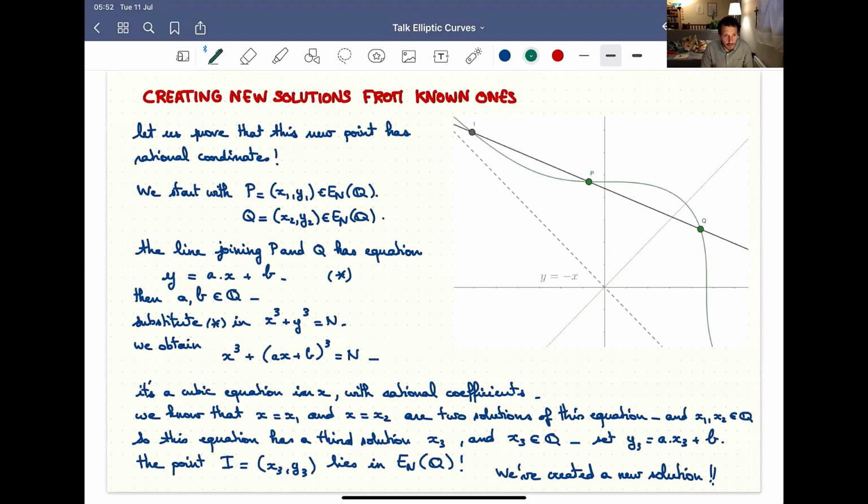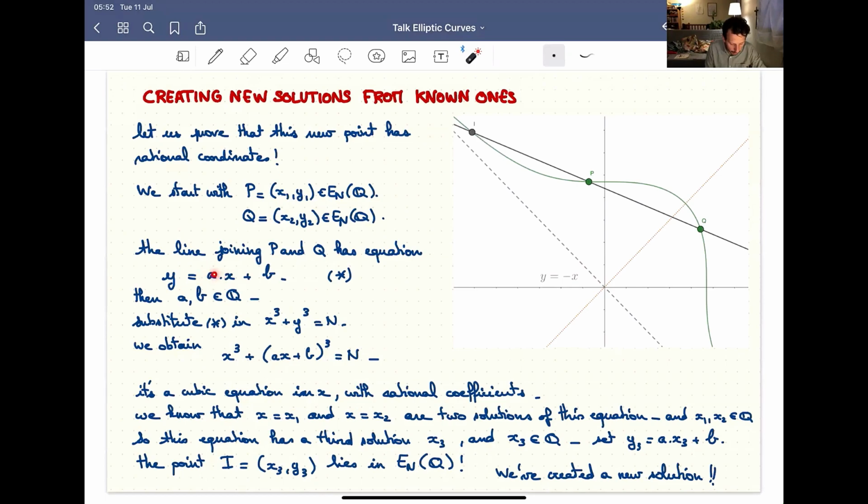We start with our two points P and Q. Their coordinates x1, y1, and x2, y2 are rational numbers. And let's review what we just did. We drew the line which joins P and Q, the gray line. And it's a line in the plane, so you can certainly write down its equation.